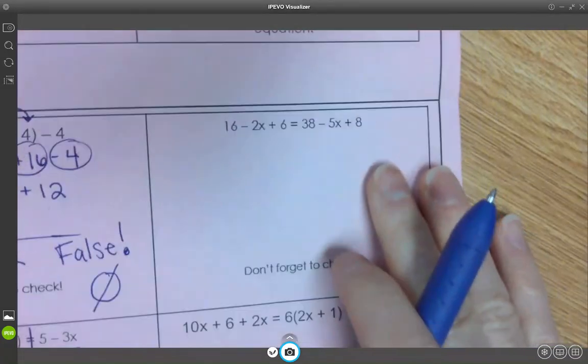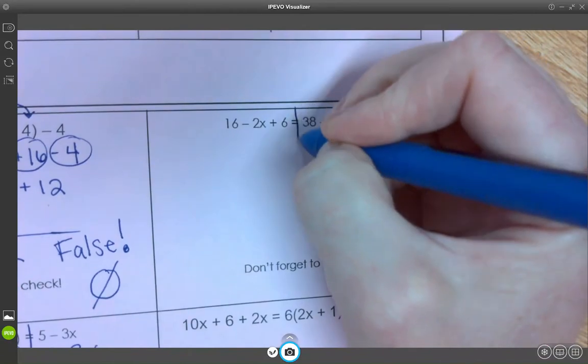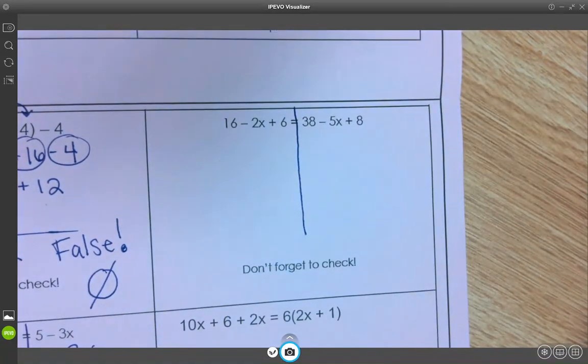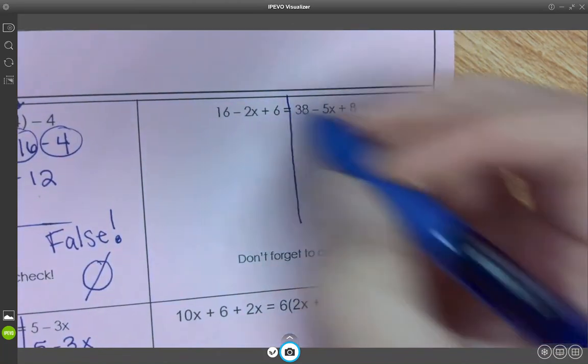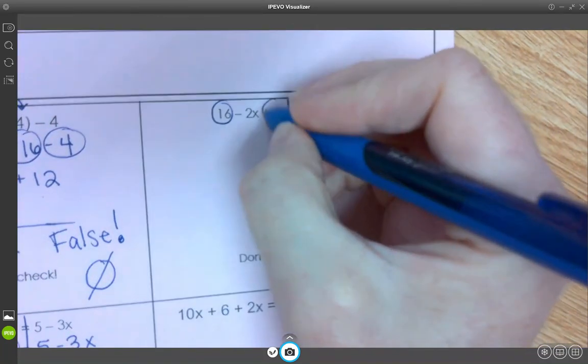All right, let's look at the next one. Simplify the left side first. What can we simplify? 16 plus 6.